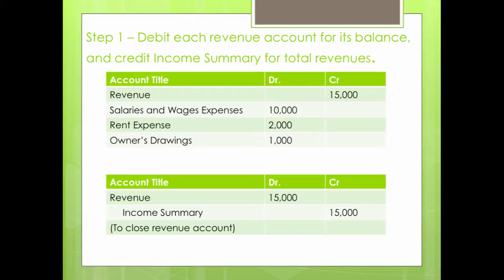So if we follow the steps that I presented to you in the earlier slides, our first step is to debit each revenue account for its balance. In this case, we have a balance in the revenue account of $15,000. So we record the journal transaction by debiting $15,000 in our revenue account.